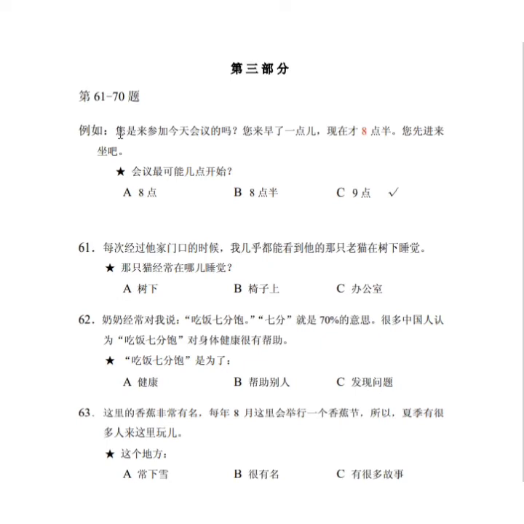And after reading this paragraph, we need to answer this question. Most probably, when will the meeting start? A. 8 o'clock. B. 8:30. C. 9 o'clock. Here the keyword is time.